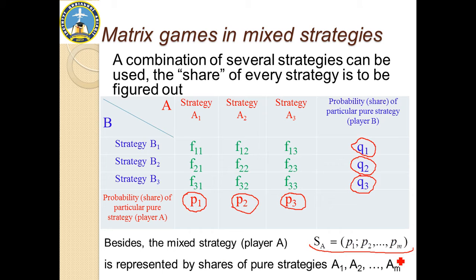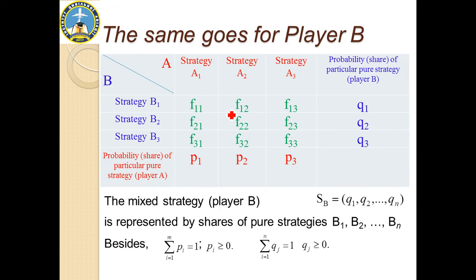So this profile of the game, which is the solution of this particular game from the standpoint of player A, is this S sub A, which contains the shares of corresponding strategies as used by player A. The same goes for player B. Again, the profile of the game as seen from the standpoint of player B is the set of strategies with corresponding shares as employed by player B, and we need to set a condition.